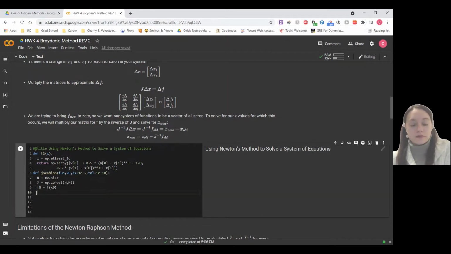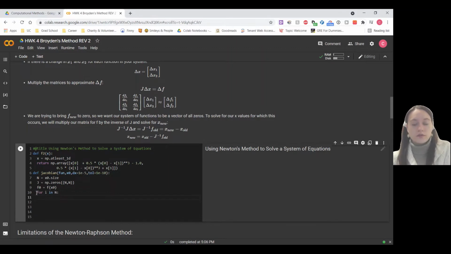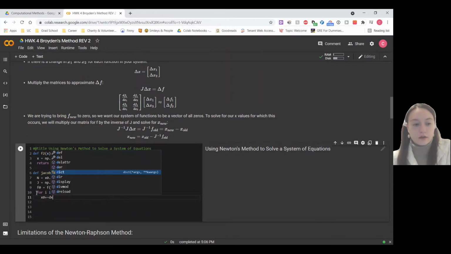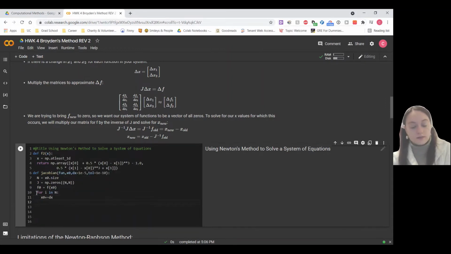So now that we've got our initial guess for x and our initial value of the function, I'm going to look for each value of our x values. So for this one, it will be for x equals 1 and x equals 2. We'll set x0 equal to our old x0 value plus dx.